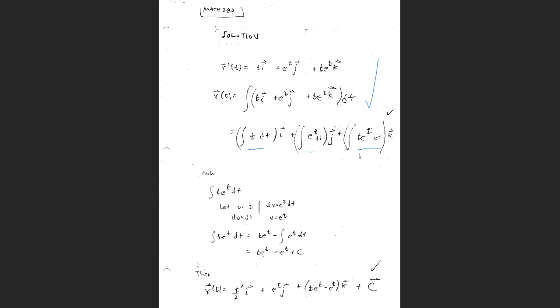And so what we have to do, of course, is find three integrals. The integral that's the hardest is going to be the third one, right? The integral of t e^t dt. That's going to be the hardest one, right?